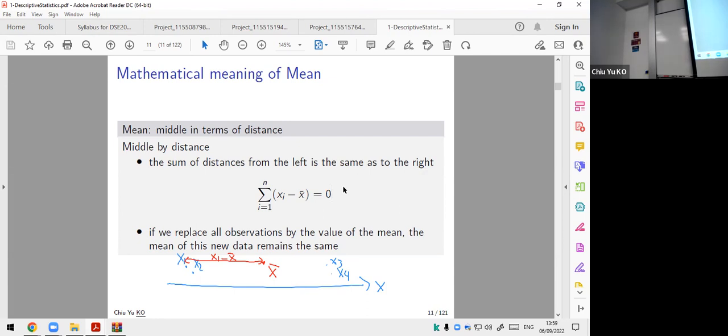As you can also see, the second thing is equating the distance from the left and the right. That means that if I have one single data point that is super big, maybe somewhere here, then the mean will be pulled far off. If you take out this point, the mean is far off from it.